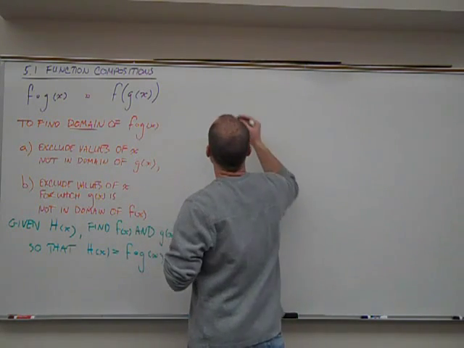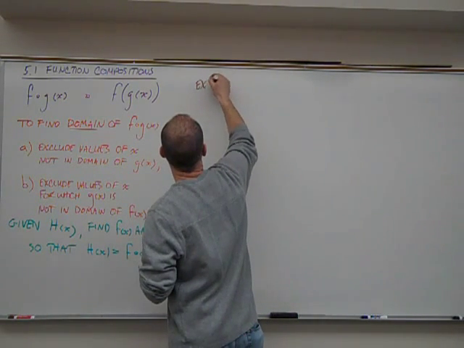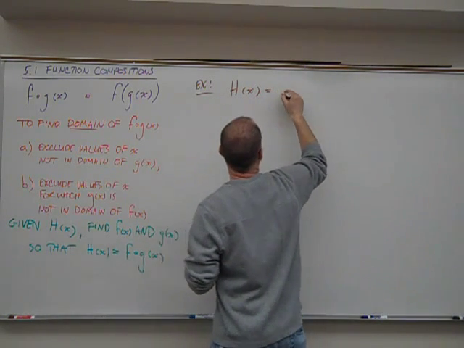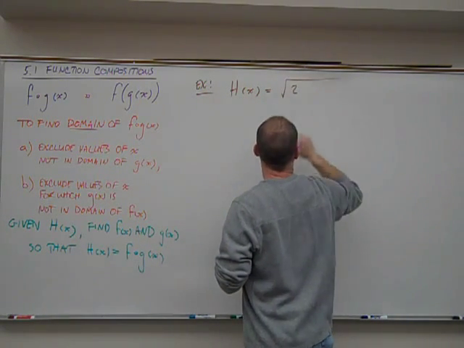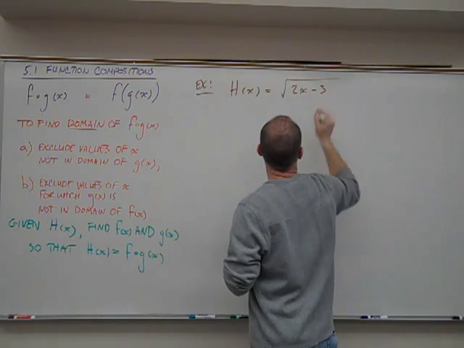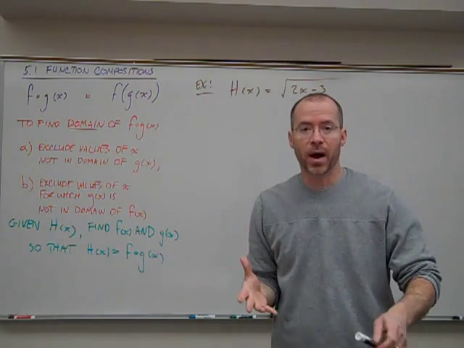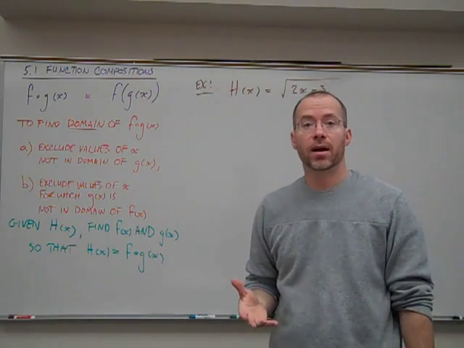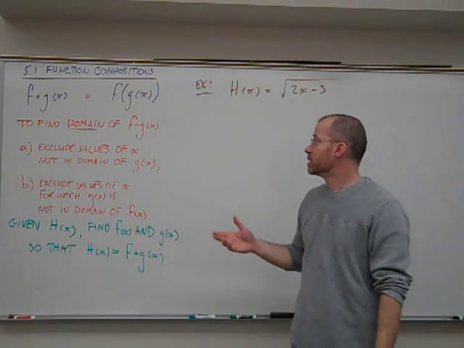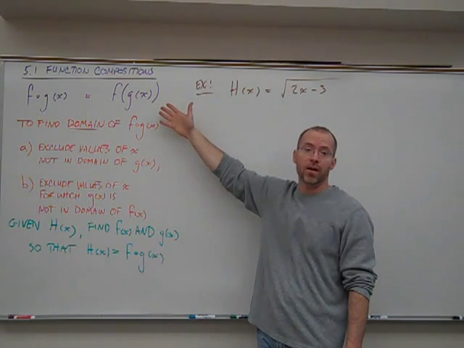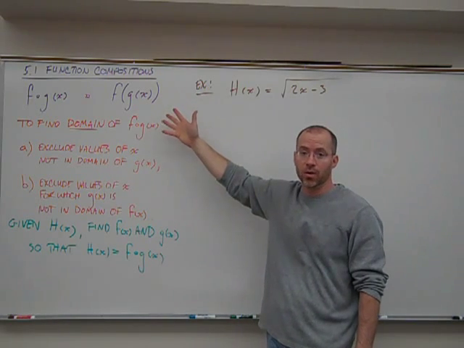Okay? So, example. If h of x is the square root of 2x minus 3, the quantity 2x minus 3. This, by the way, is the technique of compositions, or the use of compositions, that you'll see the most often in practical terms in a calculus course.